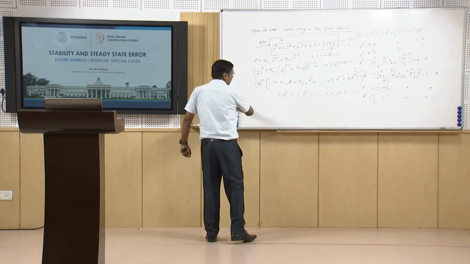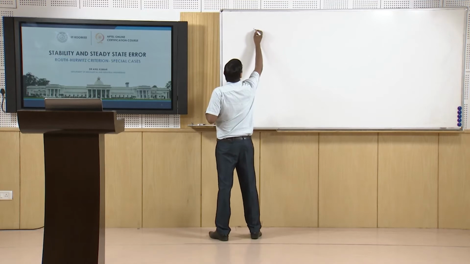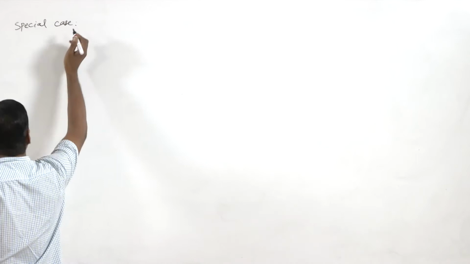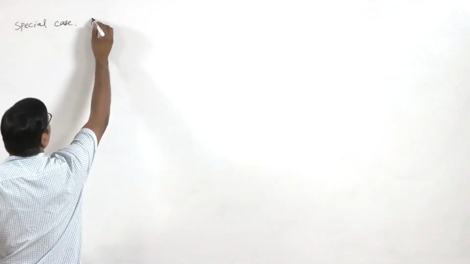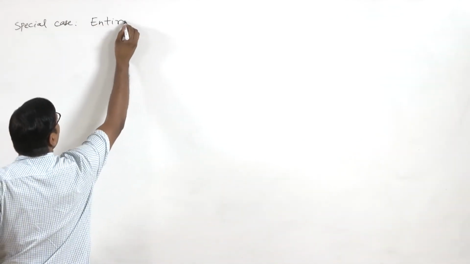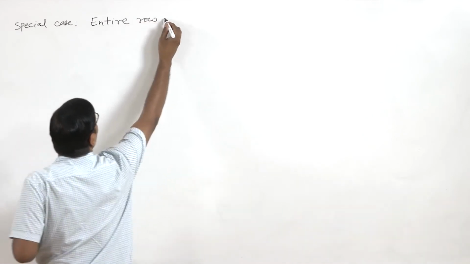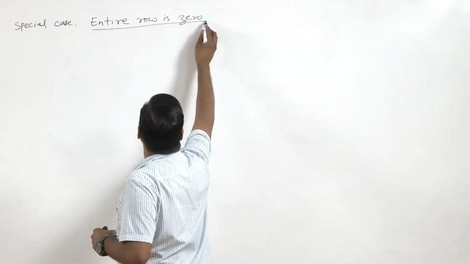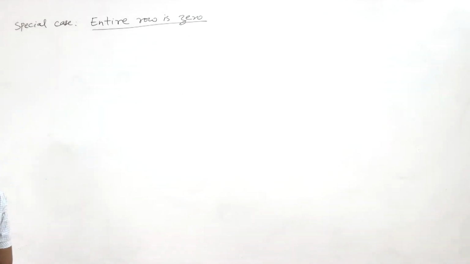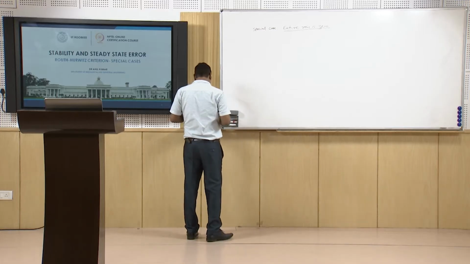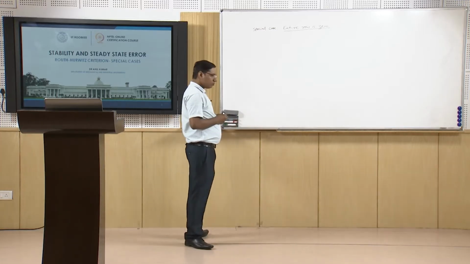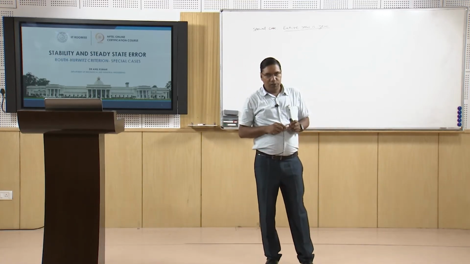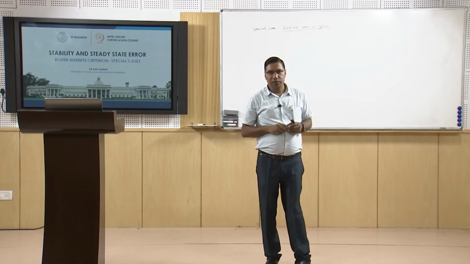So we take this second case, when the entire row is 0. How we should create the Routh table in this case, we will discuss.